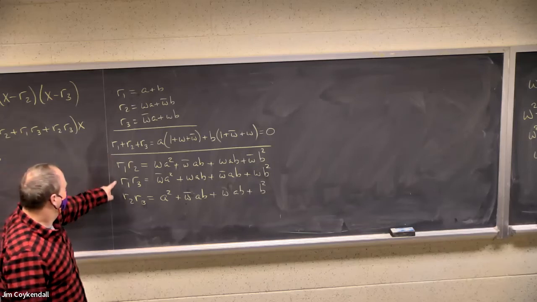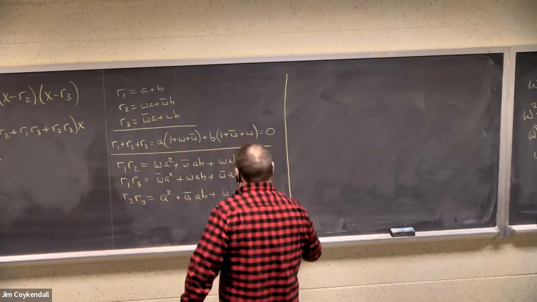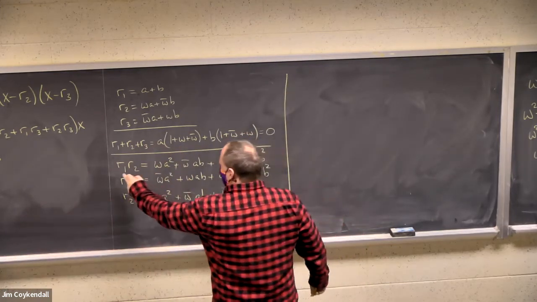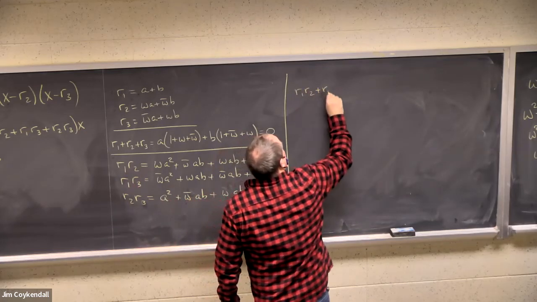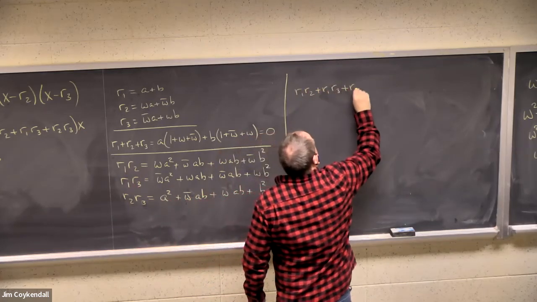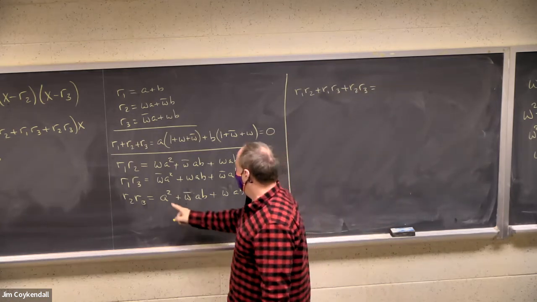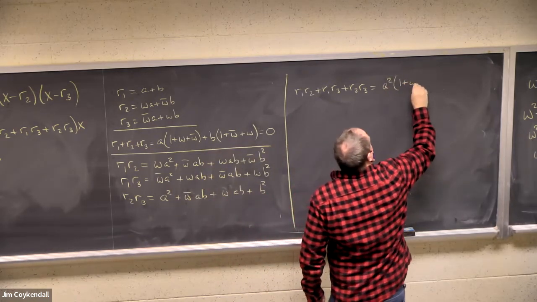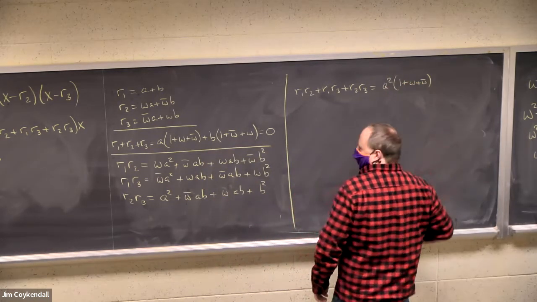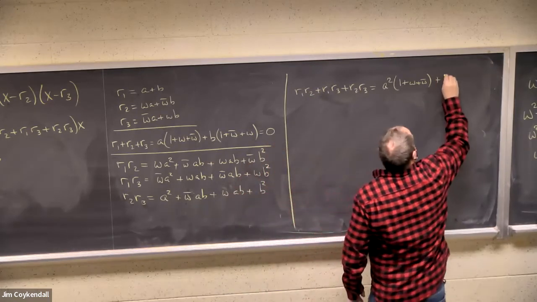Now, let's see what we get when we add these up. This is where symmetry will help. You get A squared times 1 plus omega plus omega bar, and you get B squared times 1 plus omega plus omega bar.